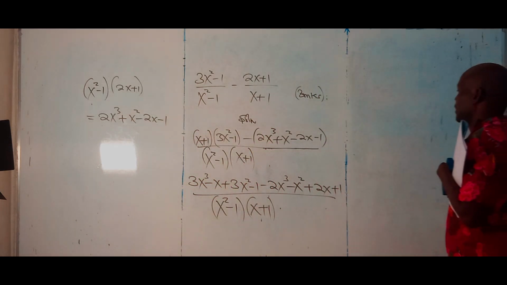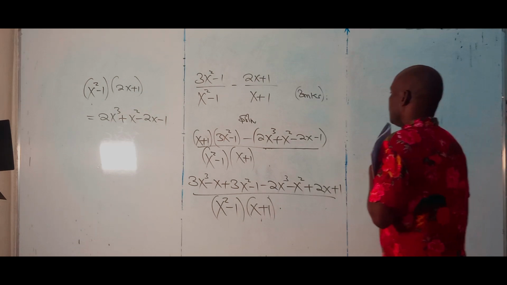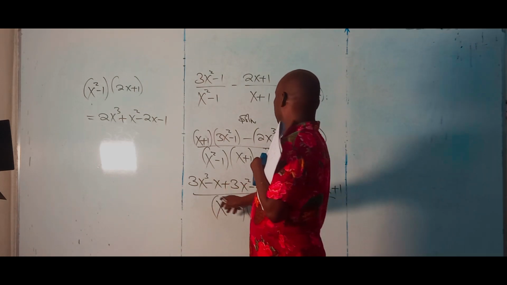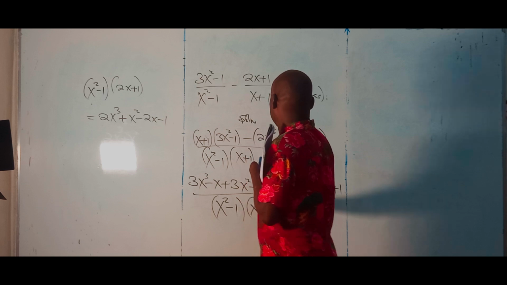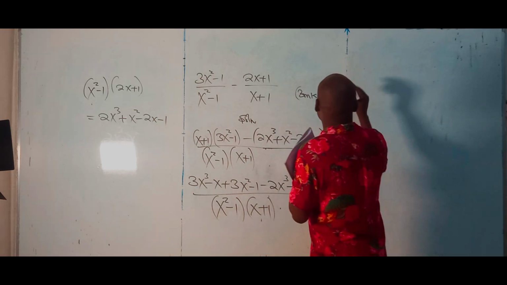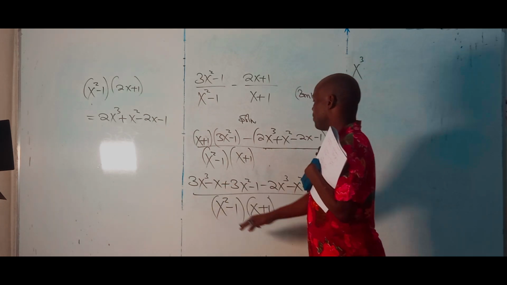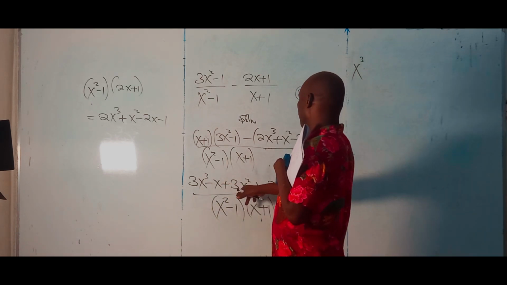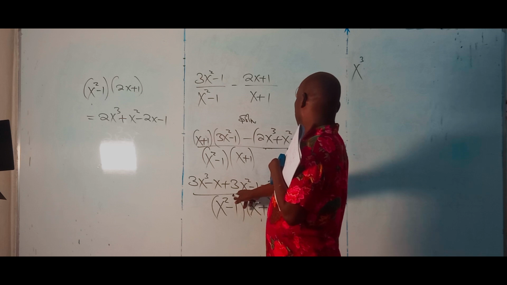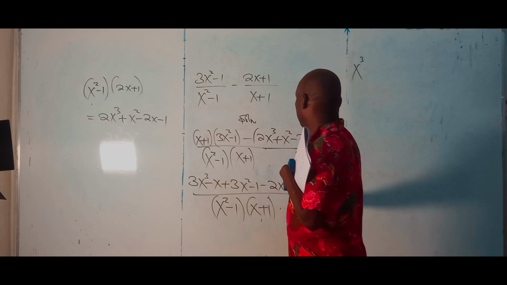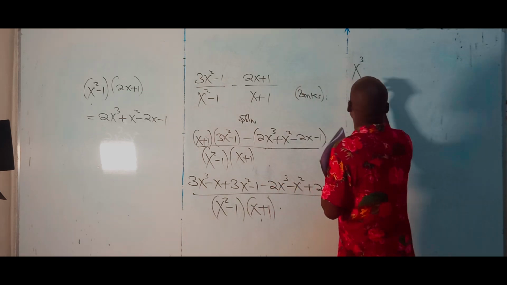Now, I see that 3x cubed minus 2x cubed gives me x cubed. I've started with the high powers. Then I move to the second order power, that is 3x squared minus x squared. That becomes plus 2x squared.